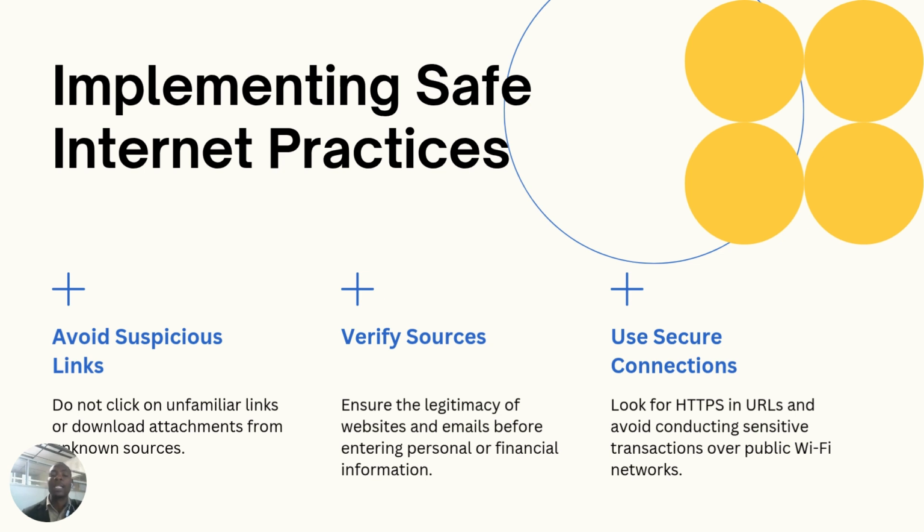Always use a secure connection whenever you are working on a website or a web application. Always look for HTTPS, meaning that it is a secure connection, and avoid conducting sensitive transactions over public Wi-Fi networks.